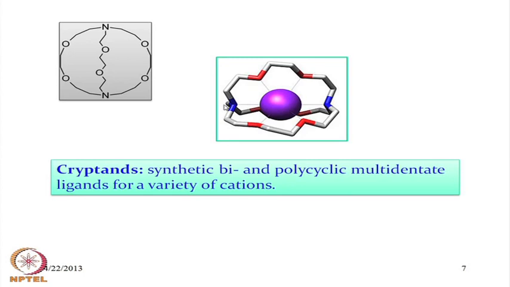So, this nitrogen and this nitrogen, when puckered, this nitrogen is pointing towards this particular end, and when this nitrogen is pointing toward this particular atom, it is forcing some other interaction. So, you can see that in this structure, the coordination for this metal center is from 6 oxygens as well as 2 nitrogens. So, it is 8 coordinated.